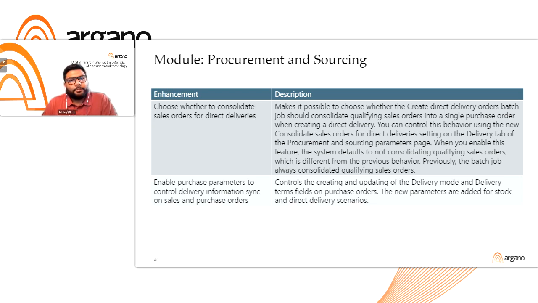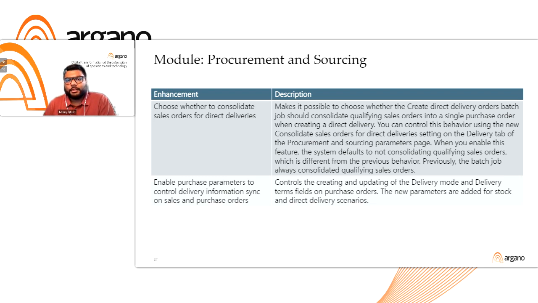Next updates are in procurement and sourcing. Choose whether to consolidate sales orders for direct deliveries. This feature makes it possible to choose whether the create direct delivery orders batch job should consolidate qualifying sales orders into a single purchase order when creating a direct delivery.